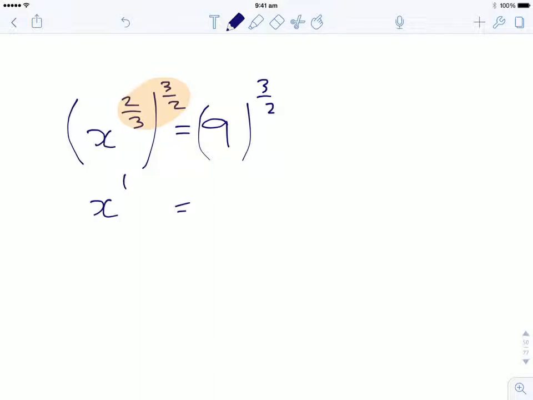And on the right hand side, 9 to the power of 3/2 is the square root of 9 cubed. Often we don't write that so we normally write it like that. It's the square root of 9 cubed. Now I don't know what 9 cubed is, perhaps I should, but I do know the square root of 9 is 3, and I know 3 cubed is 27. So the answer to that one is 27.